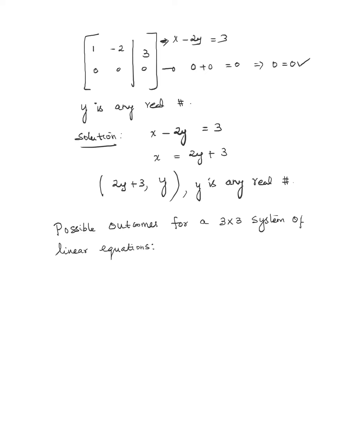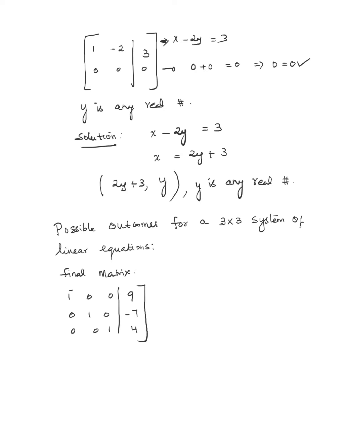This is just an example of how it's going to look. So the first one, we have the final matrix looks like this: 1, 0, 0, 9, 0, 1, 0, -7, 0, 0, 1, and 4.